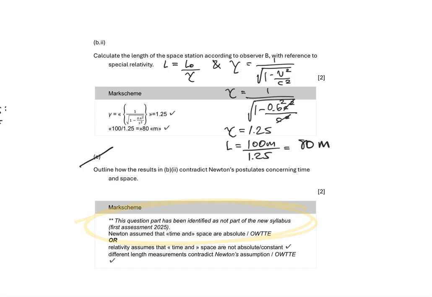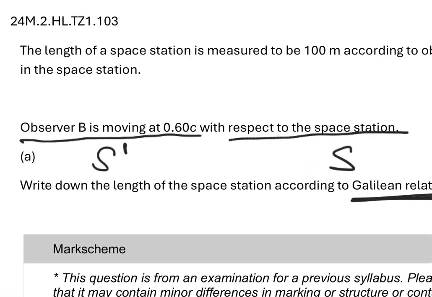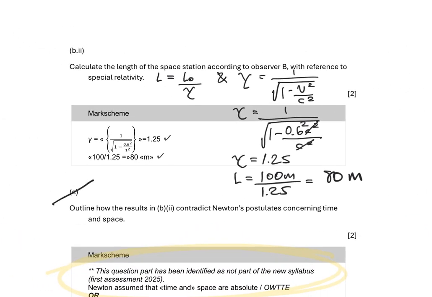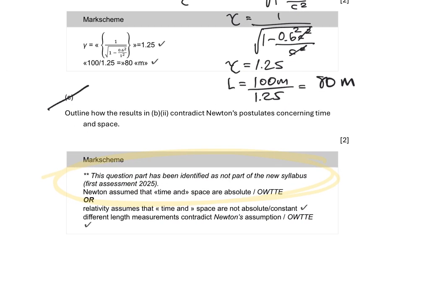The speed is 0.6c, so that's where that comes from. And we get a Lorentz factor of 1.25. We throw that into the length contraction equation, and we get 80 meters for our space station according to observer B.